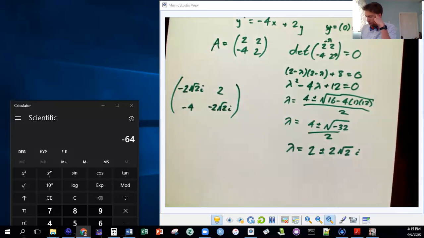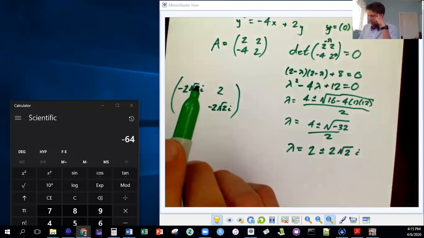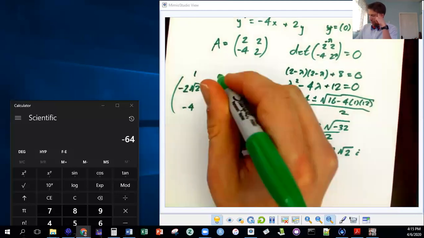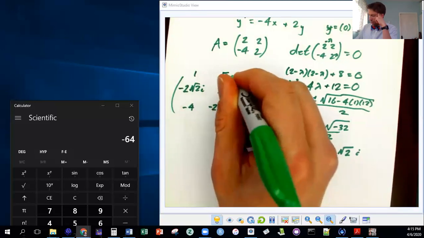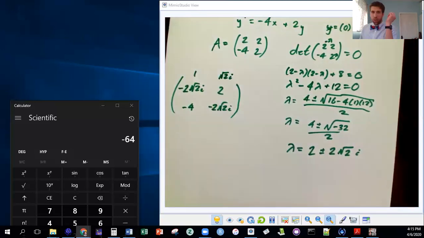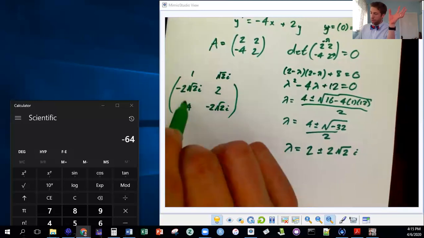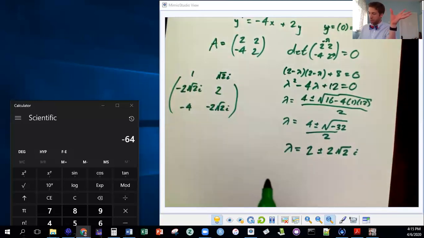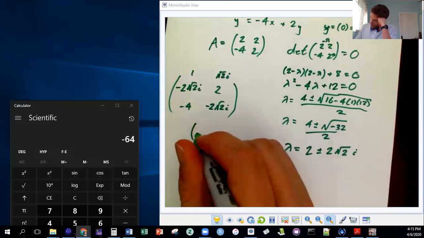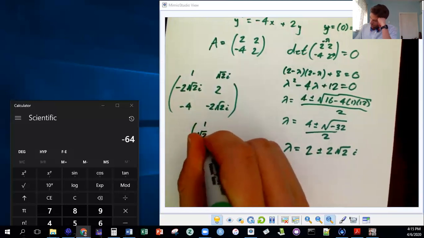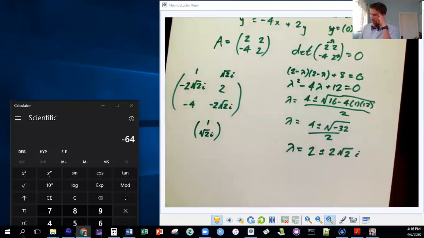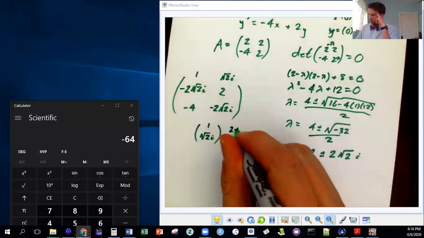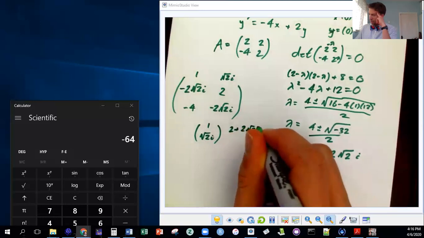If I had a 1 here and a square root of 2 times i there, if I multiply that times this column, and that times this column, they would add together and cancel out. Those are the numbers. So then my eigenvector is 1 and square root of 2 times i, which goes with the plus, which goes with the 2 plus 2 square root of 2 i. Okay.